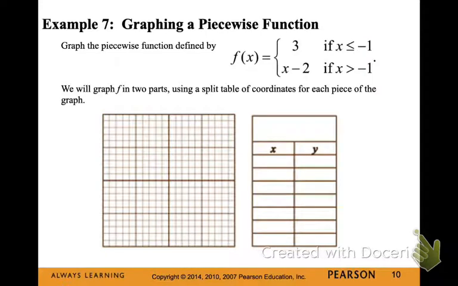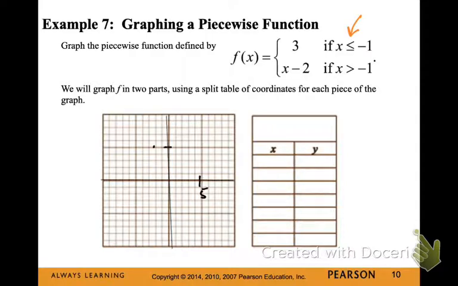Here's how you graph a piecewise function. You look at the criteria and then look at what the two or more pieces are. So f of x equals 3, this is a constant, and so it'll be just a line. f of x equals x minus 2 will be a slanted line. I'm just going to use my table.